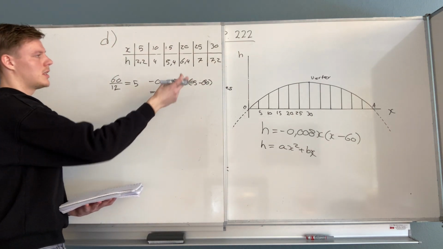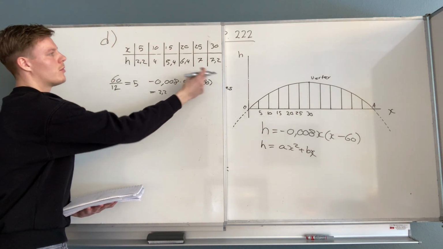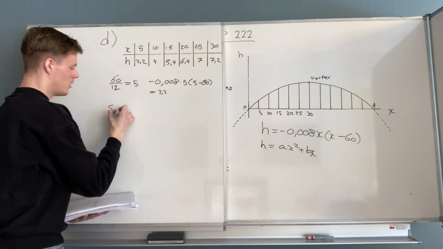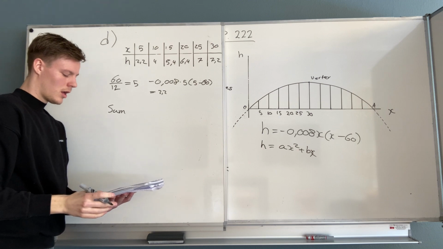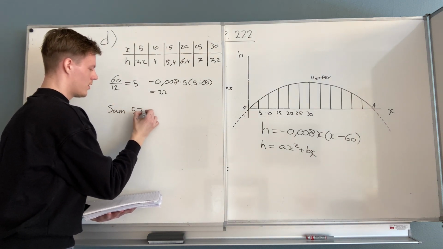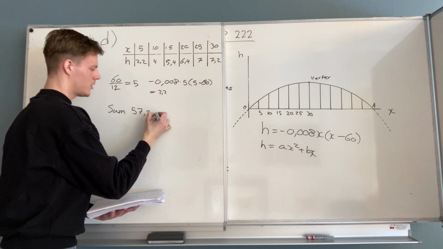And after this point, we get the same row but backwards. And if we calculate the sum of everything, you should get a length of 57.2 meters.